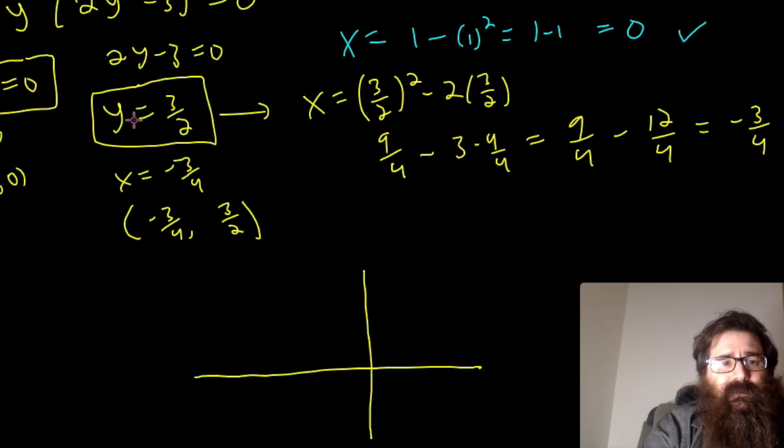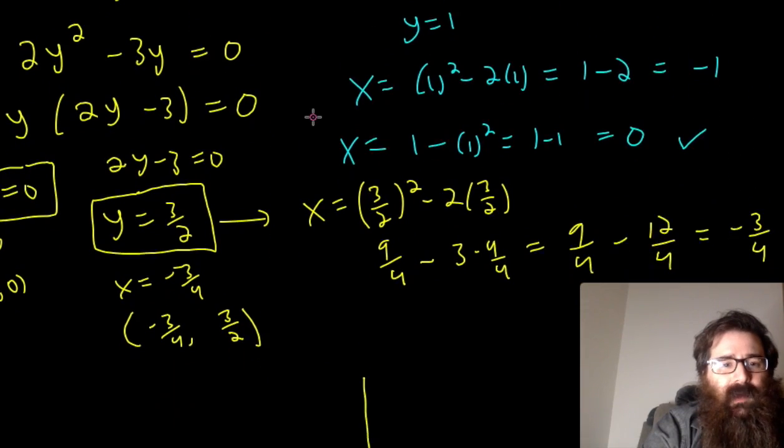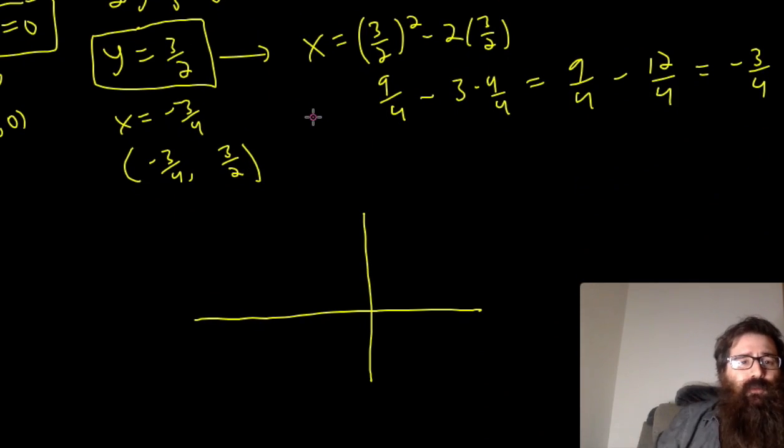Let's do this first curve in pink, the y squared minus 2y. Now right away, we know that these are both going to intersect when x is 0 and y is 0, so right at the origin. And then when x is negative 3/4, so that's a bit leftward, and then y is 3 halves. These are the points of intersection.